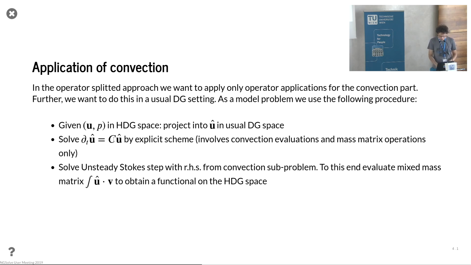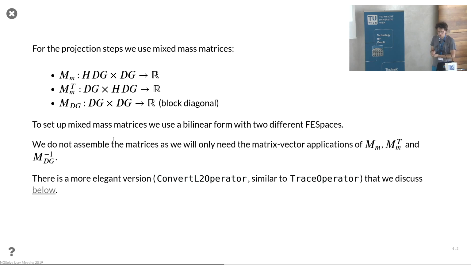Okay, so we want to apply a method as before, but we have to make the spaces that we use compatible. So we have to map from the HDG space, so this product space out of three functions, into an L2 space, which is simply what we saw already in the other examples, and then apply the operator there and project back into the other space.